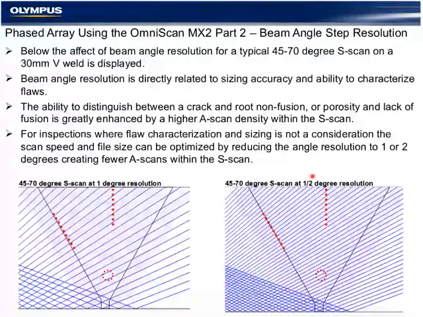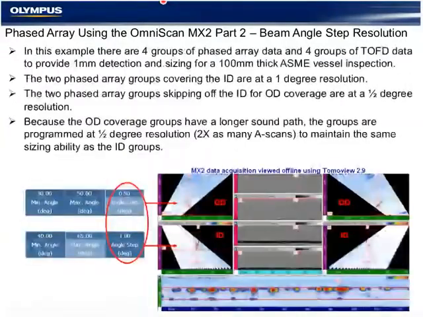In lots of our applications, it's not the bottleneck or significant, but we can see here with more A scans, we're going to have a much higher resolution and a better inspection if it doesn't cause us file size or scanner speed problems. Again, more is better.